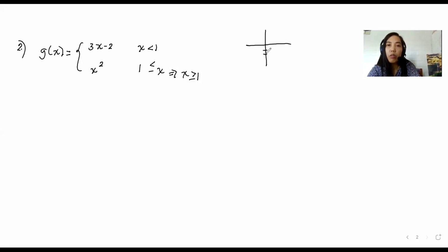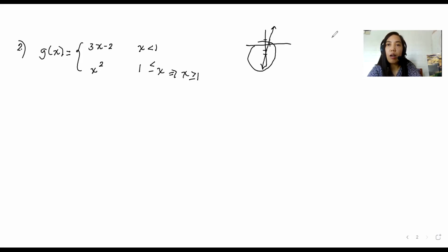And then the slope is positive 3. So 1, 2, 3, then go to the right 1. This is the line. But the restriction of the domain is x less than 1. So only this part we will take. And the other one is a quadratic equation.